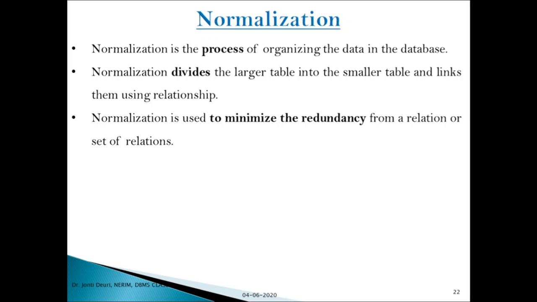But without normalization in your table, there may be some redundancy, that is, repetition of data. Normalization is used to minimize the redundancy from a relation or a set of relations. That means from our table, we can reduce the redundancy, the repetition of the data.